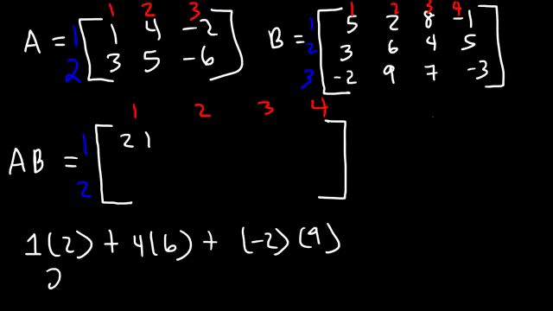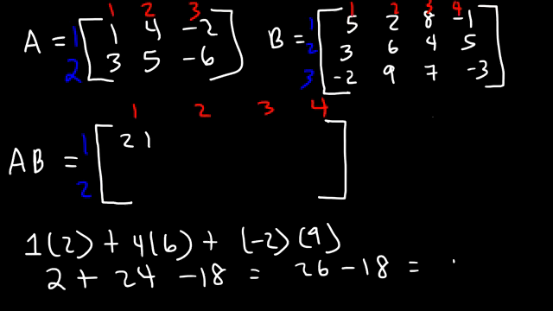So 1 times 2 is 2, 4 times 6 is 24, negative 2 times 9 is negative 18. So 2 plus 24 is 26. 26 minus 18 is 8. So let's place that entry in that slot.